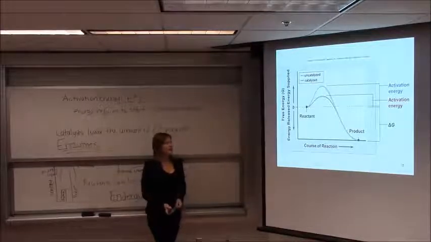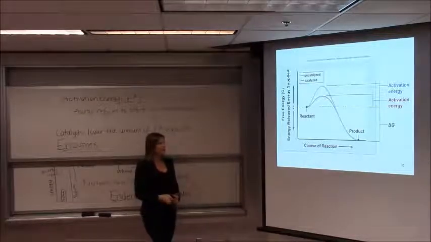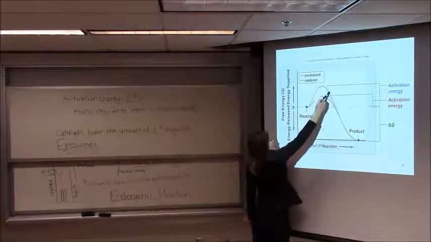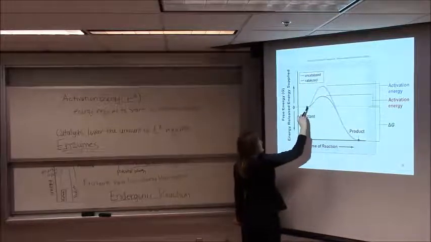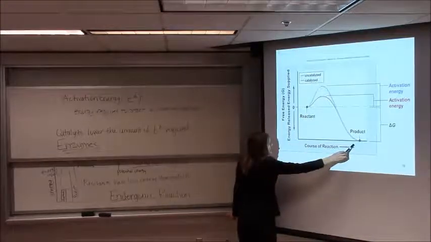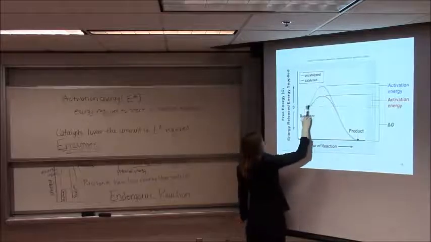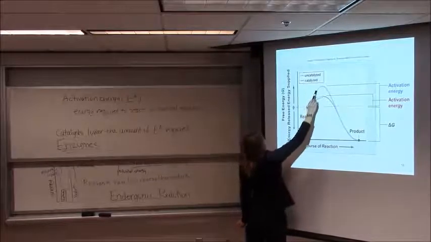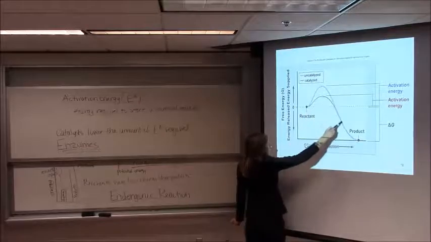And here's a very good example of that. This shows the amount of free energy supplied to get this to go from reactant to product. If it was just going downhill without this input of energy needed, it would just go downhill. But you see, we're going to have some energy input.